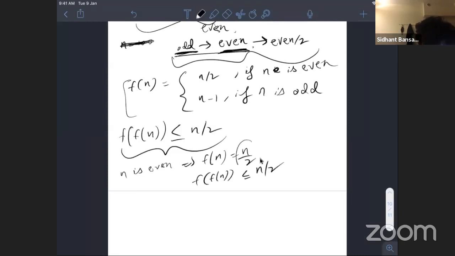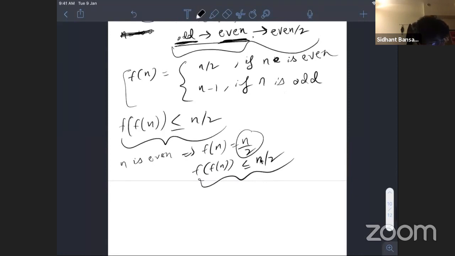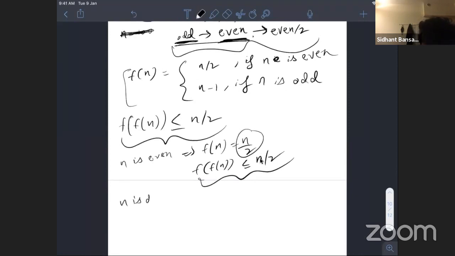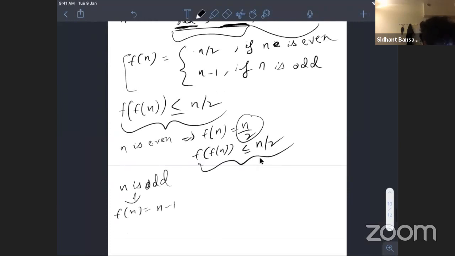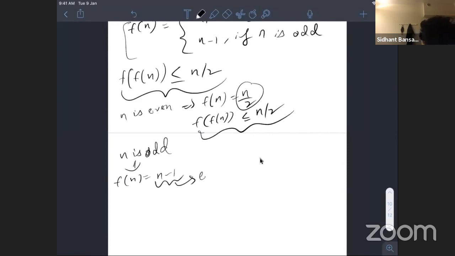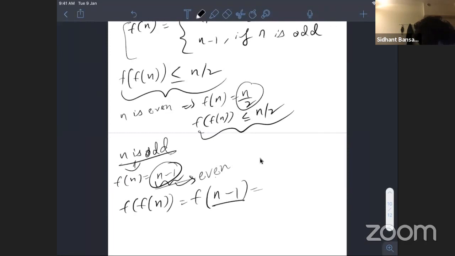You don't care whether n by 2 is even or odd. This thing is definitely going to be smaller. And if n is odd, then f of n is going to be n minus 1, which is even because n was odd. So n minus 1 is even. So f of n is going to be f of this thing. And since we know that this is even, it's going to be n minus 1 by 2, which is less than n by 2.